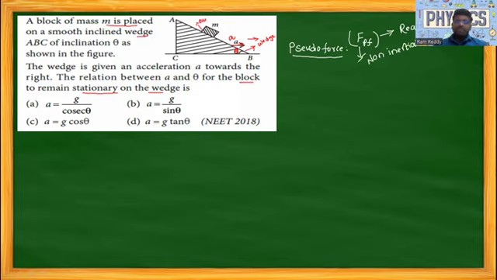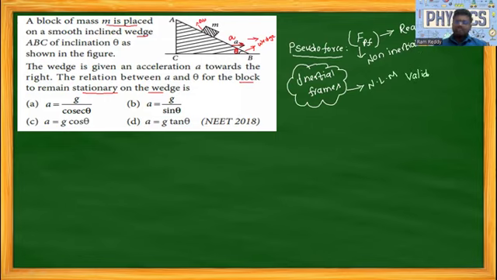We have two kinds of frames, inertial frames and non-inertial frames. Inertial frames are where Newton's laws of motion are valid.